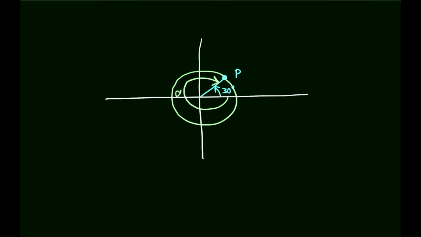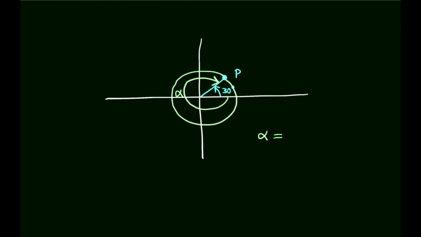Let's say this is alpha. Now, what will be alpha? We know that one full rotation of the circle makes 360 degrees of angle. So if we subtract this 30 degrees from 360 degrees, then we get the remaining angle, which will be alpha.